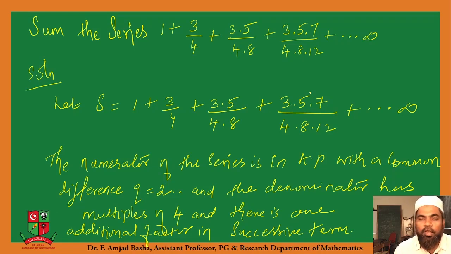Finally, whatever you have added on your left will come to your right side. Again, you need to simplify that if possible; otherwise, you just bring it to the right hand side and keep it as such. That is how you need to solve any summation of series using binomial expansion.